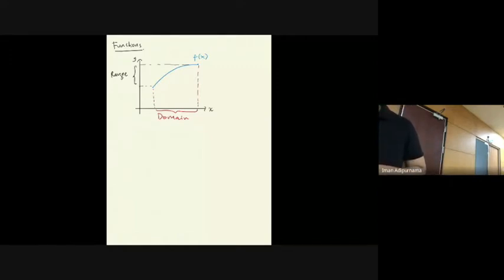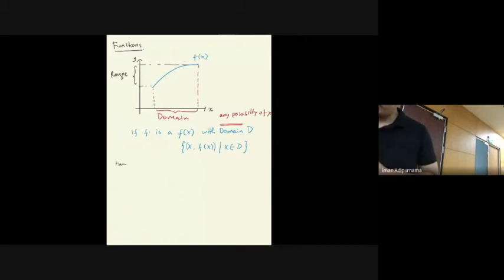What you need to know is, if f is a function with domain D, this domain means any possibility of x. And range is all possible values of f of x. I'll make it bigger.